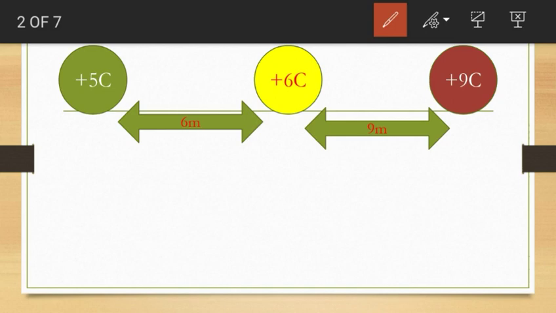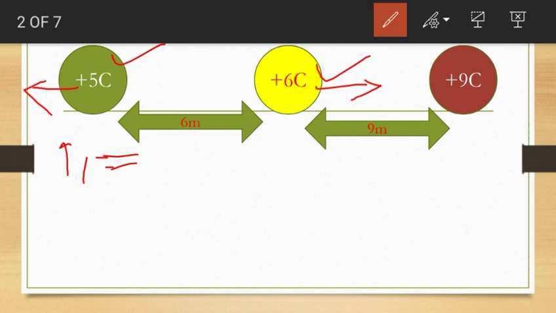First, calculate the force between the 5 coulomb charge and the 6 coulomb charge. Since it will be repulsive, the force on the 6 coulomb charge is from this side, and the 5 coulomb charge will go this side due to these charges.